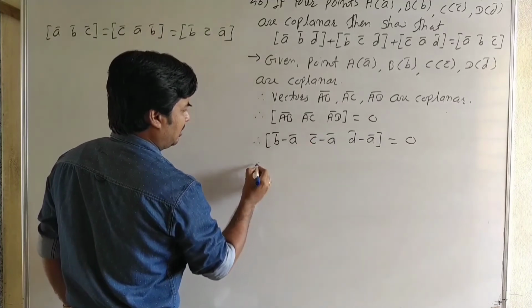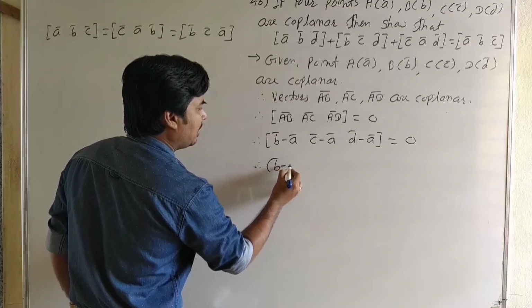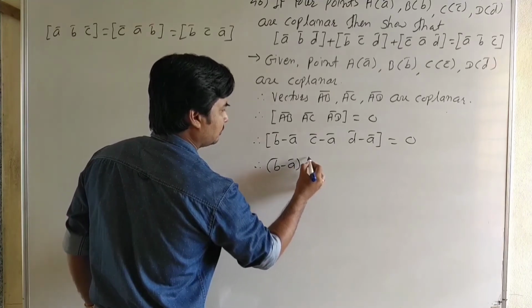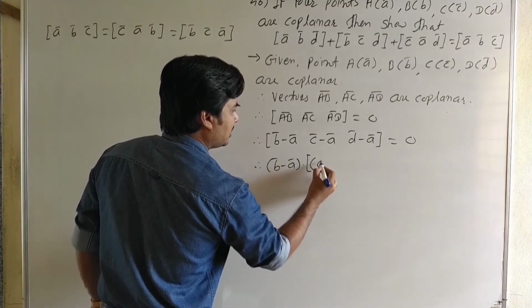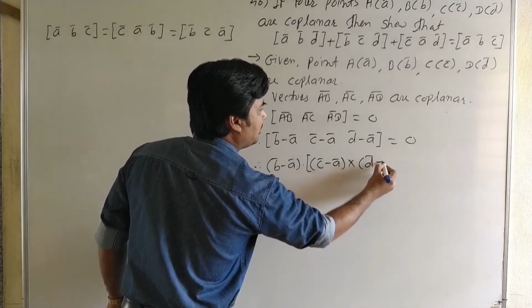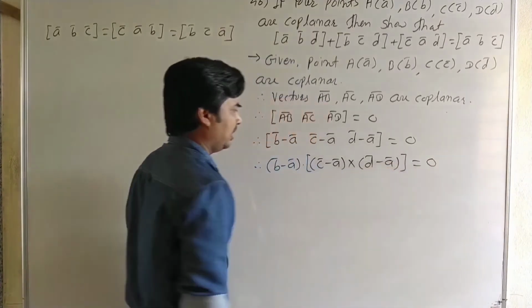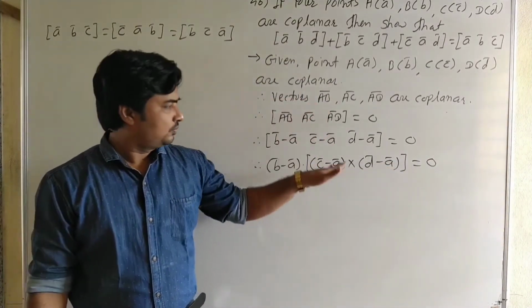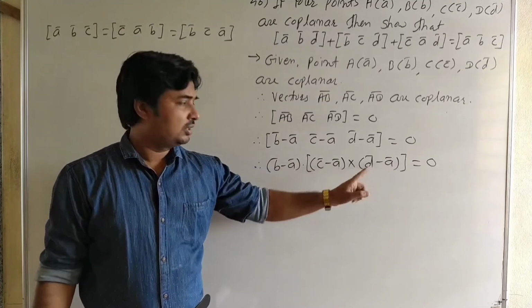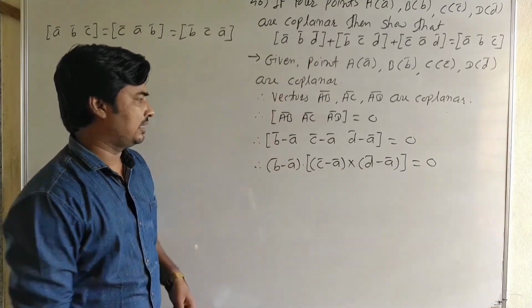We can write it using dot product and cross product. Here we can write B bar minus A bar dot C bar minus A bar cross D bar minus A bar is equal to 0. Now simple multiplication of this, it is a cross and here dot, as in the previous example.